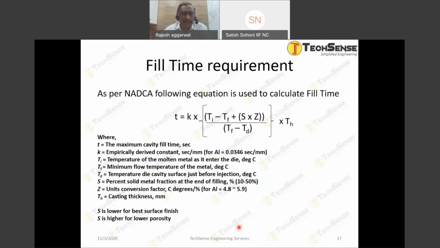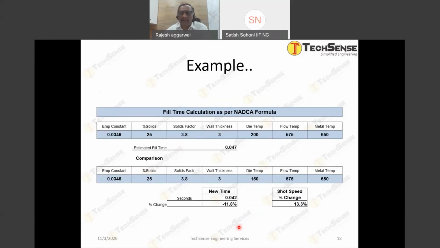So the fill time requirement basically depends on the casting thickness and some temperature variables. So based on this casting thickness, we can see the fill time requirement. Let's try to put this into the formula.